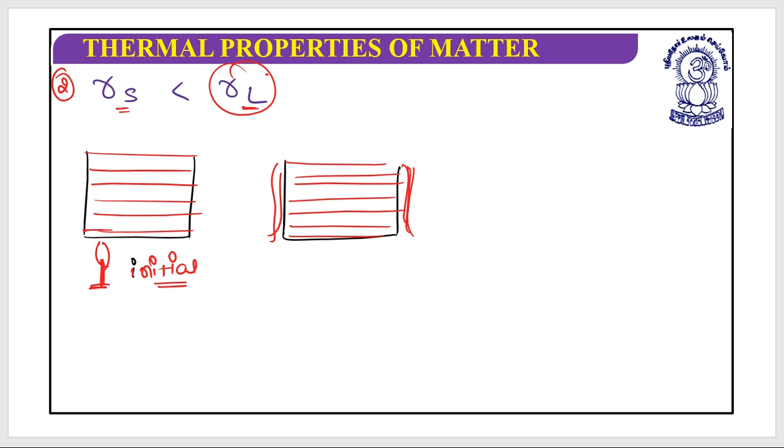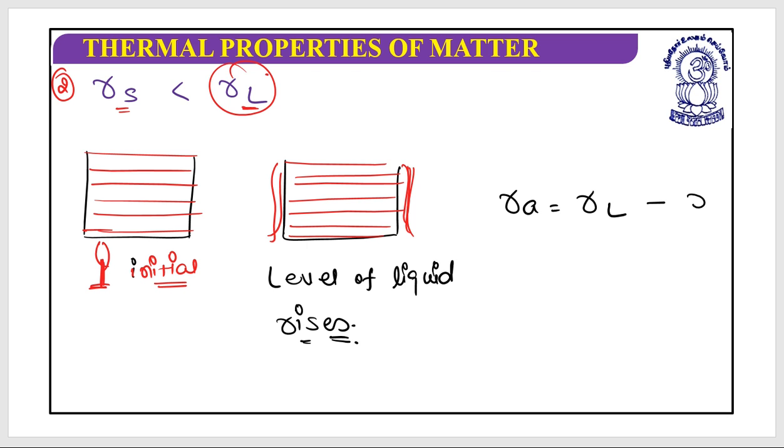So we can say the level of the liquid rises. That means it is overflowing if it was filled up to the brim. In this situation, the apparent expansion is equal to gamma of liquid minus gamma of solid. What you feel. I hope this is clear. Is it clear?